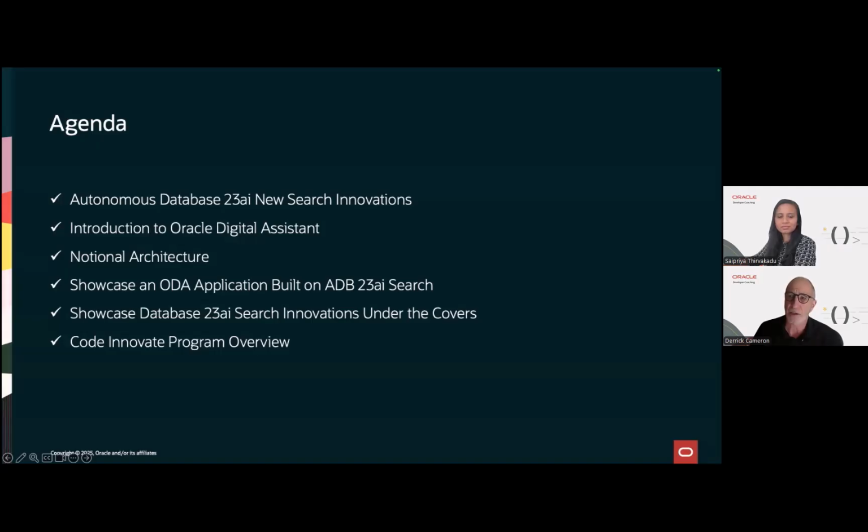I'll be starting off by touching on the Database 23 AI search innovations. This is a bit of a review, so I'll cover it fairly briefly, and then I'm going to pass it over to Supriya to cover Digital Assistant. She'll talk about the service and provide a notional architecture, and then, because we're always more hands-on focused, she'll dive quickly into an ODA application built using the functions that I created.